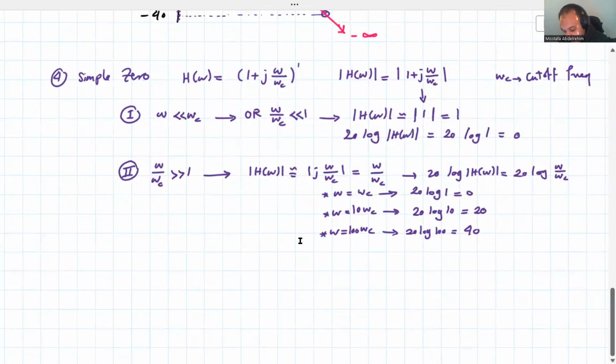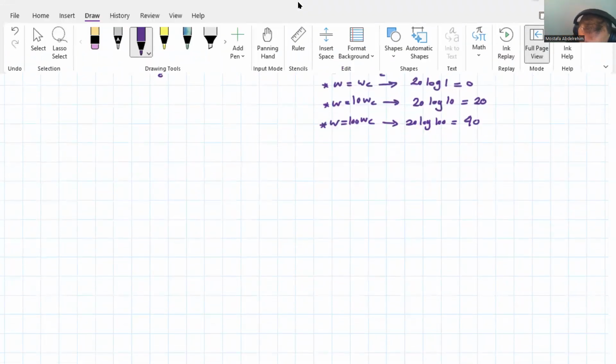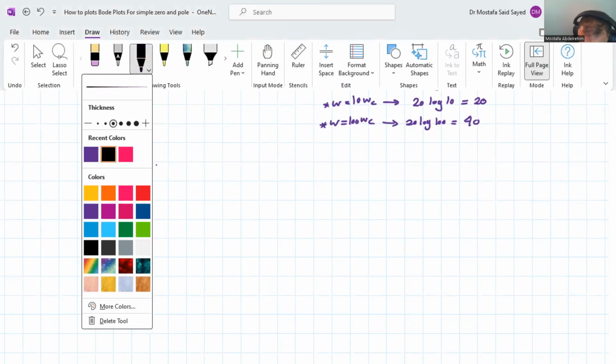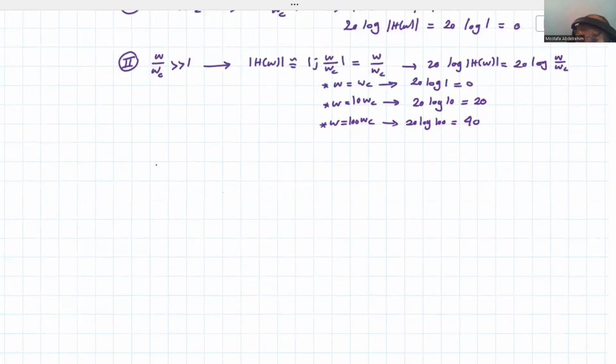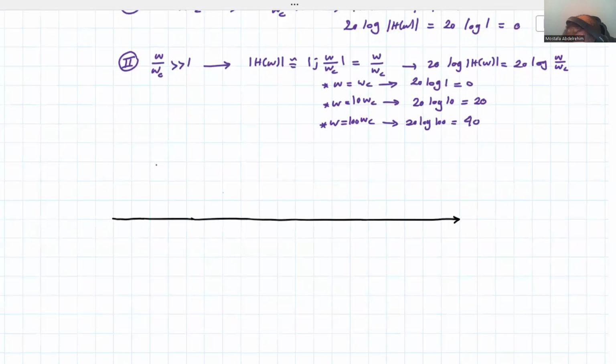Okay. Now let's draw that. So let's have our scale here, our x-axis basically, which is the omega axis. And we're going to put some points to represent the scale.